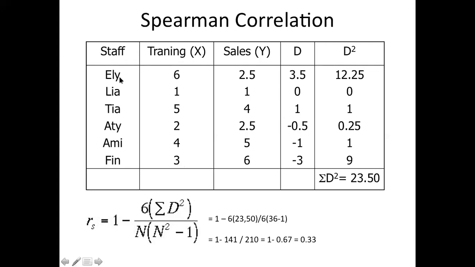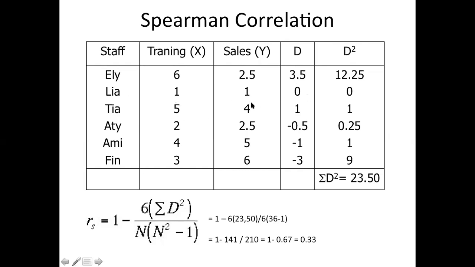So for the first step, for Eli, for example, the difference between training and sales rank is 6 minus 2.5, which is 3.5. And then we square this, which equals 12.25. And then Leah, rank 1 and 1, the difference is 0.